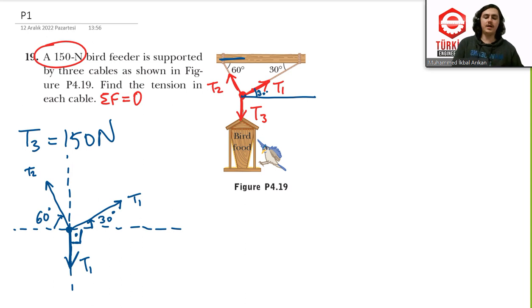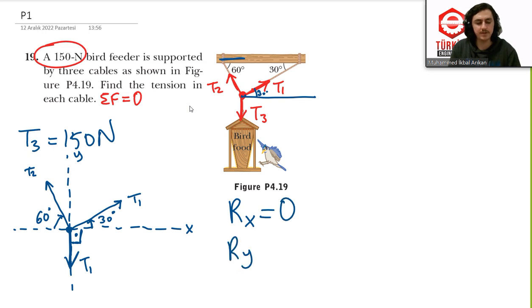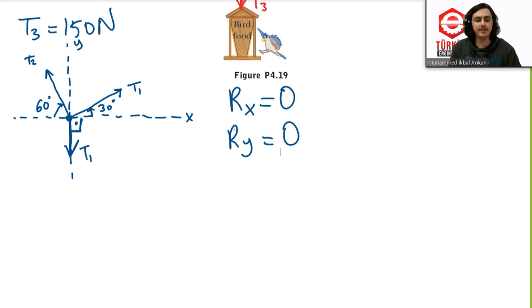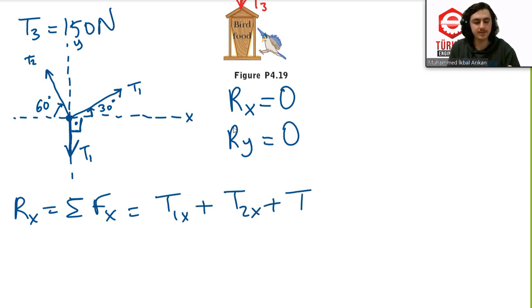So how can we calculate the components of these tensions? I will say that the resultant of x must be equal to 0, because the net force is equal to 0. In each direction, x and y, it must be equal to 0. So Rx must be equal to 0 and Ry must be equal to 0. But how can I get these? Rx, the summation of all forces in x, will be equal to T1x plus T2x plus T3x.